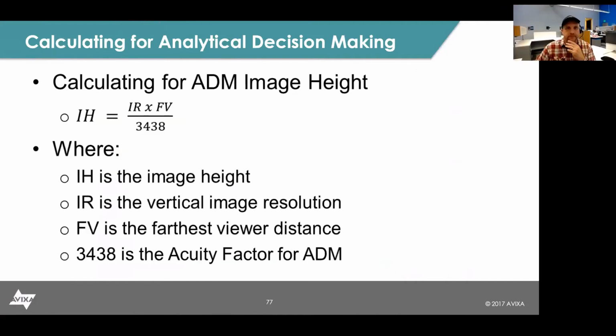Got it. Would you recommend using this formula when designing an interactive display where people are walking right up to it as well? No, again, with an interactive display, if you're interacting with the picture, it's basic decision making. That's the overall image, and you're using a group of pixels.